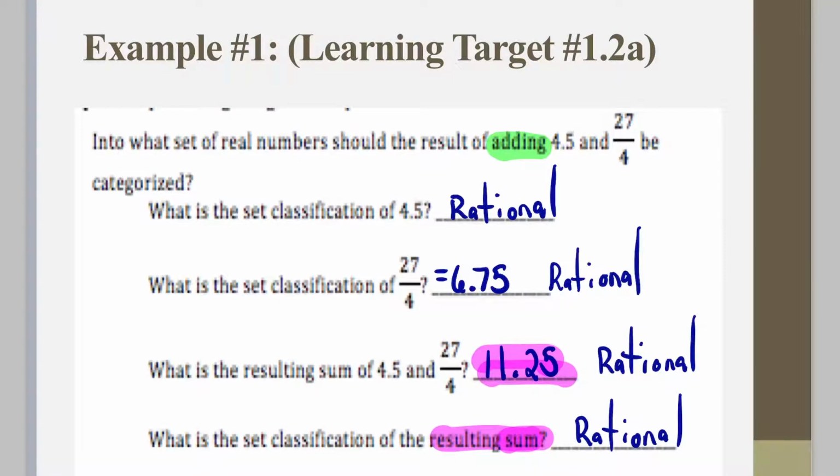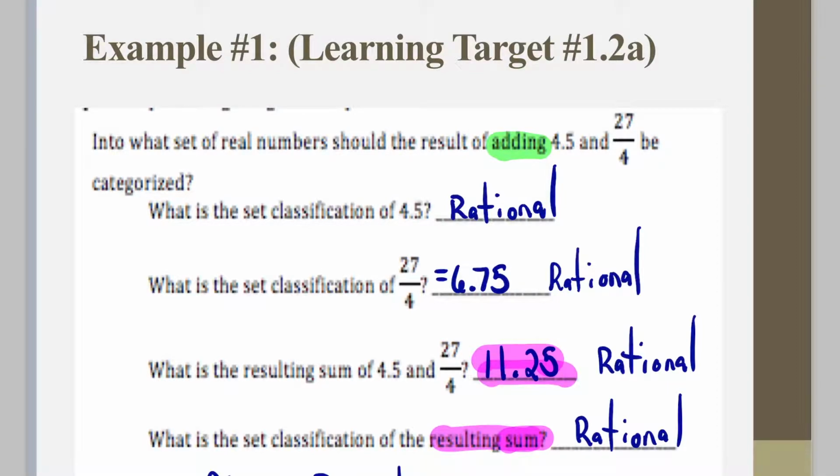Because of the closure property, that's the why, the closure property. Because of the closure property, we know that any two numbers from the same set that are added together will result in a number that is contained within that set.